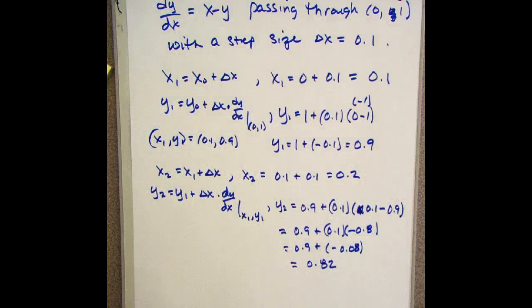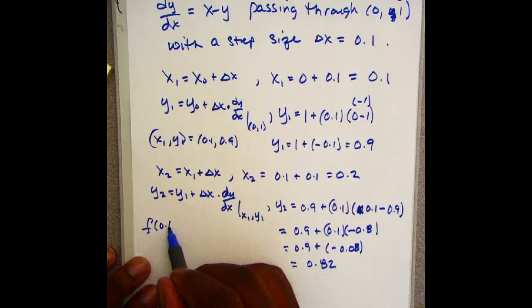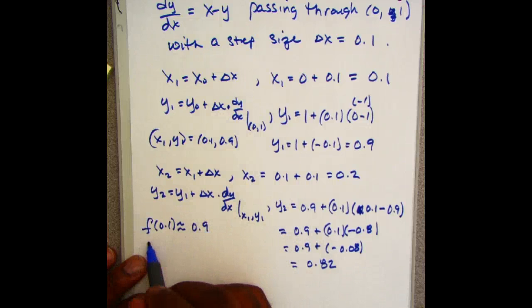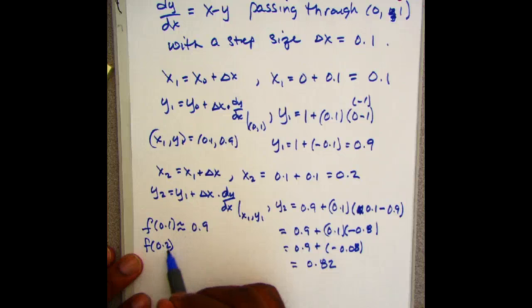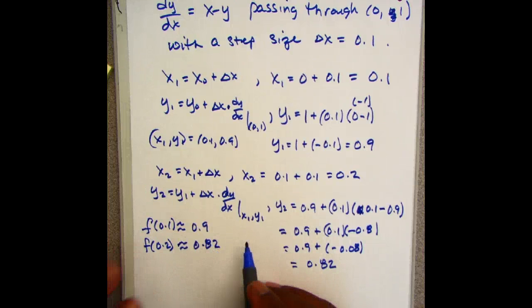So with our Euler's approximation, step size is 0.1, we can say f of 0.1 is approximately equal to 0.9, f of 0.2 is approximately equal to 0.82.